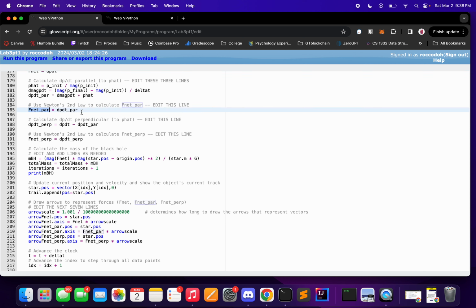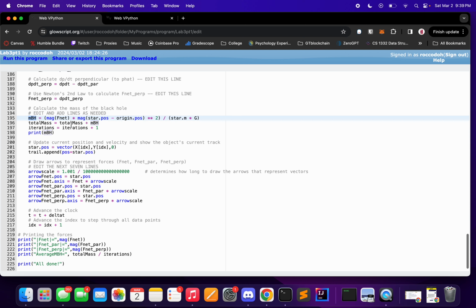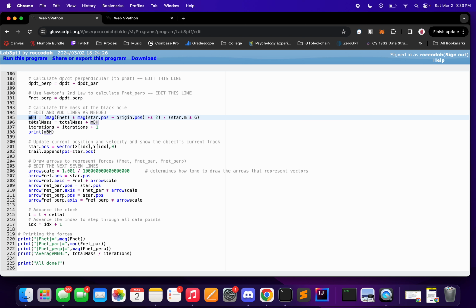We have the parallel component of force and perpendicular component of force right here, and we're going to be graphing these around the motion around the black hole. At each iteration, we have a calculated mass of the black hole, and these are going to be different on each iteration just because of rounding errors.